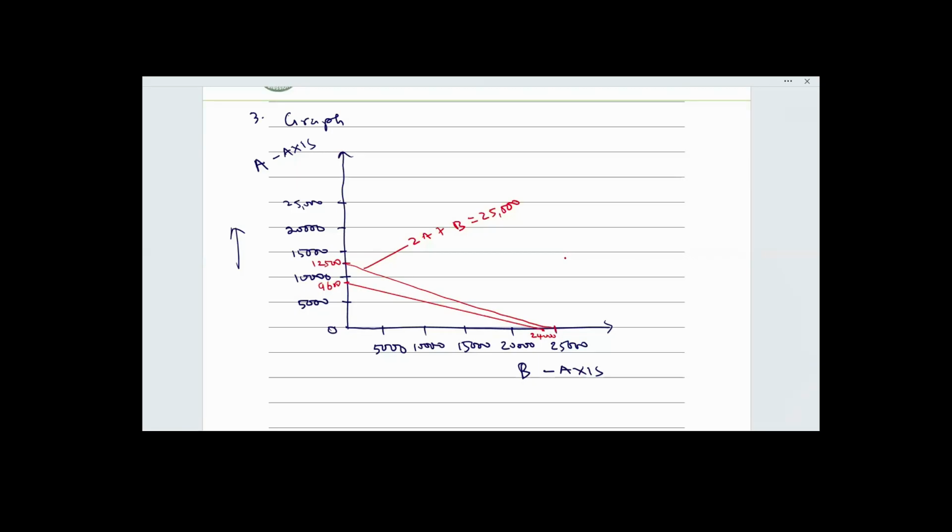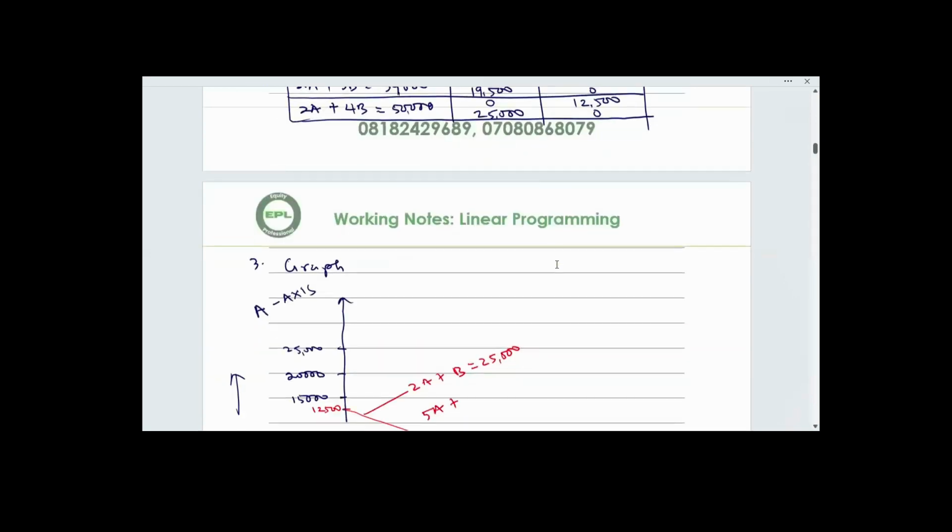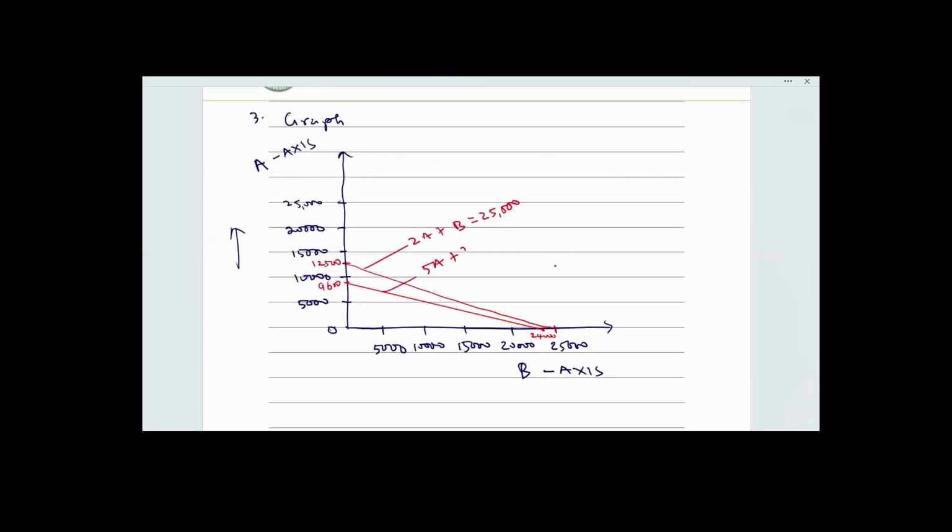Okay. So that's equation 2. 5A plus 2B will be equal to 48,000. 48,000, right?